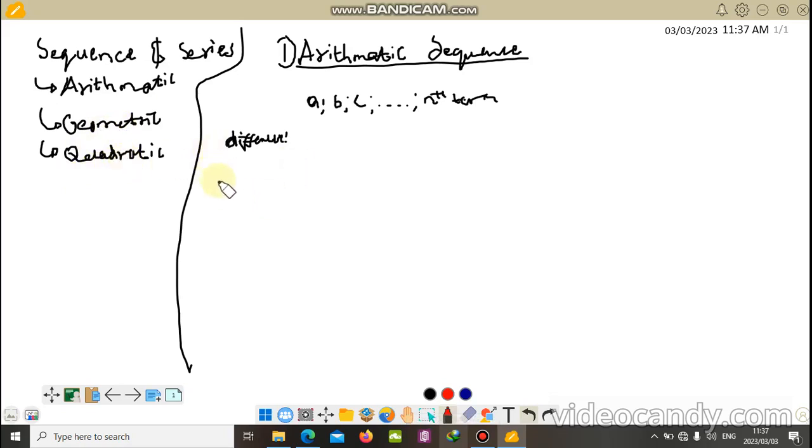So let us start with the arithmetic sequences, also called the linear patterns. So suppose you have a sequence. Look, a sequence is an instance or an occurrence where you have items preceding other items.